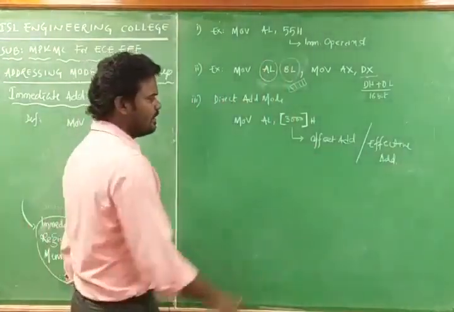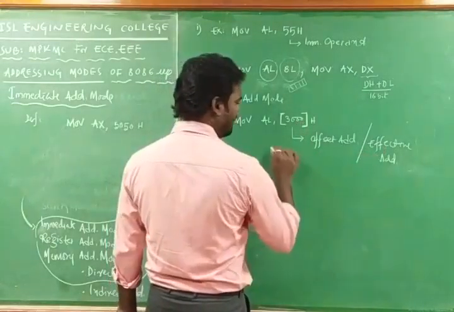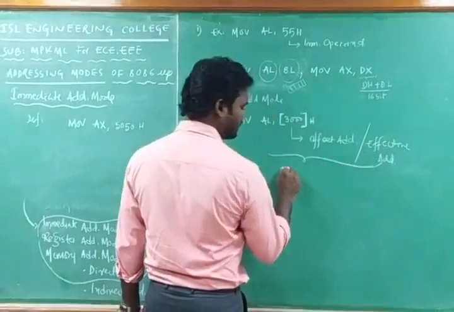Here 3000H is the offset address or effective address, and it is there in the execution unit.